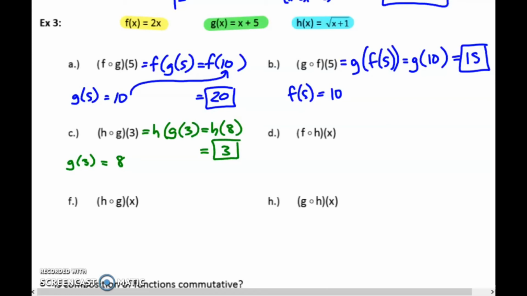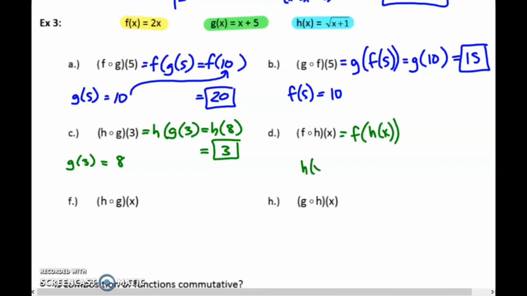So these next two with the x's, this is where I think it might get a little bit confusing for some of you because I think numbers tend to be easier. But with the x, we're actually not plugging anything in. We're kind of simplifying. So this is going to be f of h of x. Now you don't really have to write this down, but I'm just showing you what we do first is what's inside the parentheses, which is just h of x.